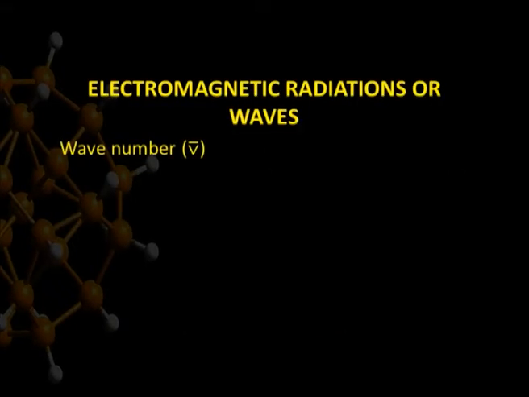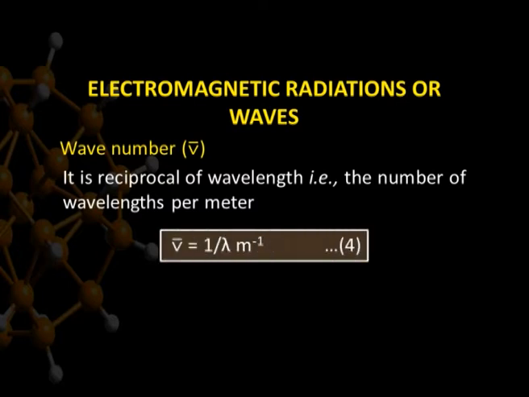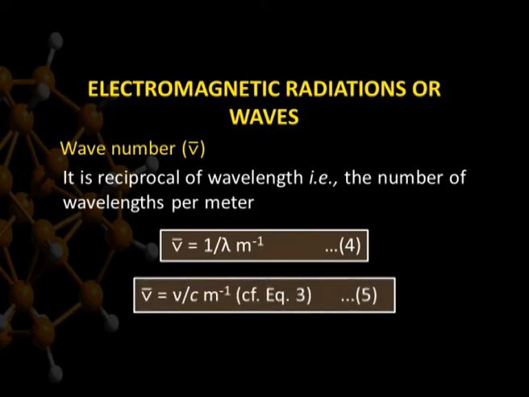Now, the wave number, which is denoted by nu bar, is the reciprocal of the wavelength, that is, the number of wavelengths per meter, which can be given in this equation: nu bar is equal to 1 upon lambda per meter, or we can write nu bar as nu upon c, referring to the equation 3 as given above.